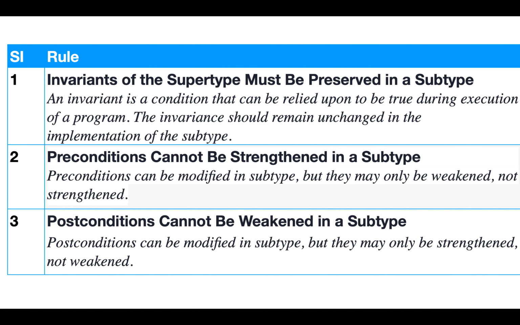And the reverse is the postcondition. Postconditions cannot be weakened in subtypes. Postconditions can be verified by the assert keyword or assert statements. So after execution of a task, the state is known as the postcondition.